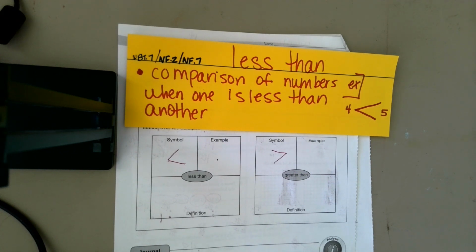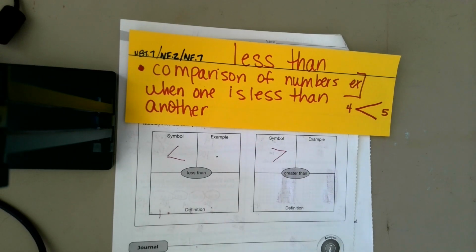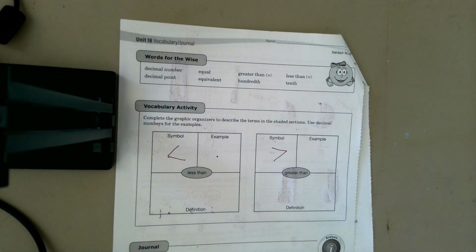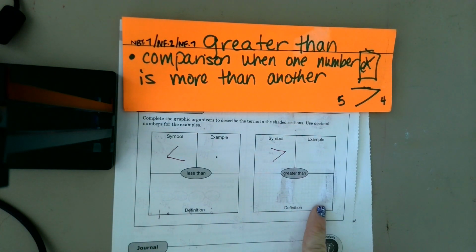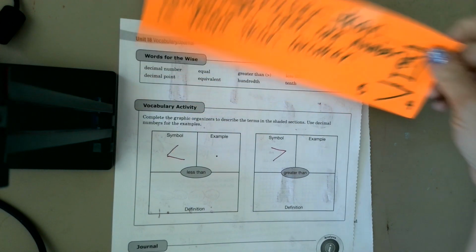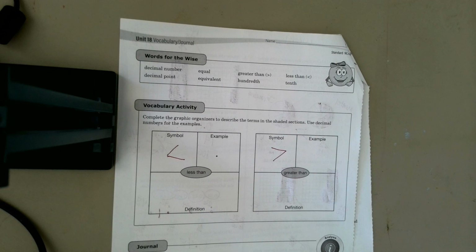It says a comparison of numbers when one is less than another. Okay, so you could write that part right here. And then you have the definition of greater than. A greater than is a comparison when one number is more than another number, okay? And as far as the example, you can use any of the examples on the first side or the introduction side of this unit, or you can create your own, okay?